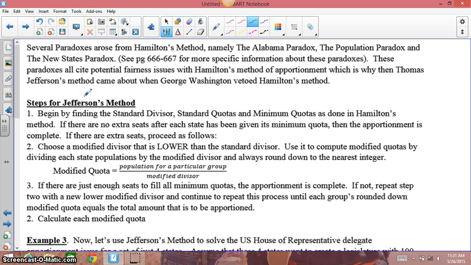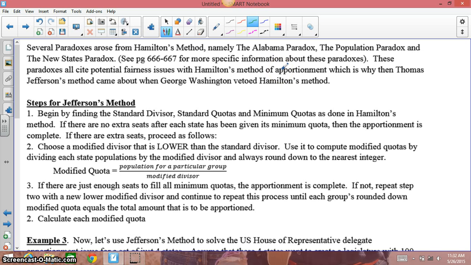And we go to Jefferson's method because, like I had mentioned before, there are some problems with Hamilton's method. Namely, they're referred to in your book as the Alabama paradox, population paradox, and new states paradox. I'll let you look a little bit more specifically at what those paradoxes mean.